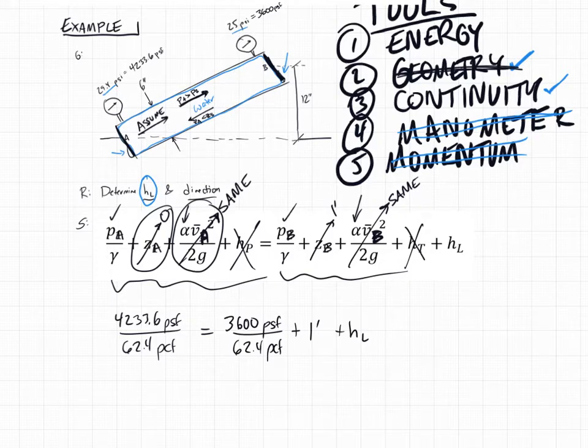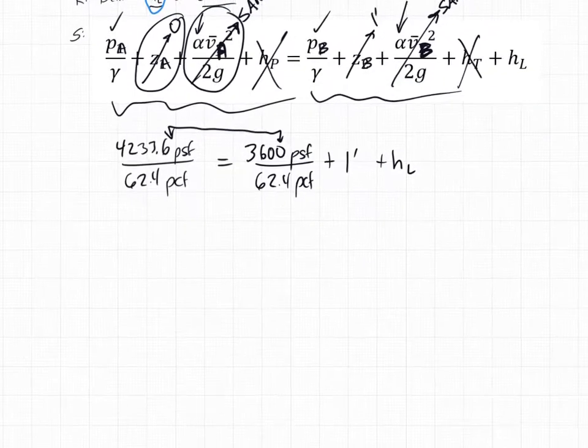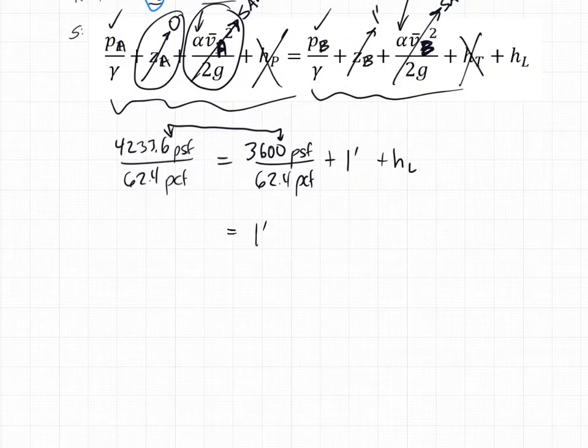Okay, so what I'm going to do is combine these two terms by bringing the 3600 over 62.4 over to the right. And so we're going to end up with equals, I know I'm putting in an extra step and no one likes that, but I'm the teacher and there are reasons for it. And look at that.